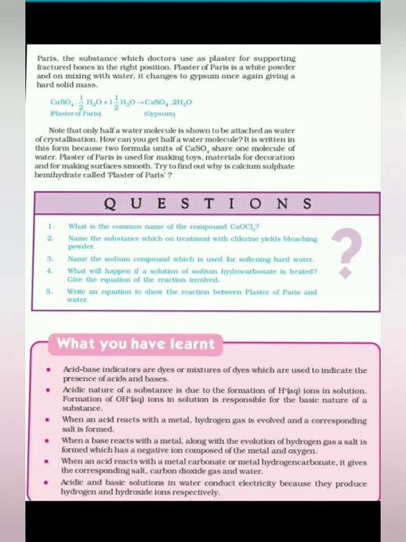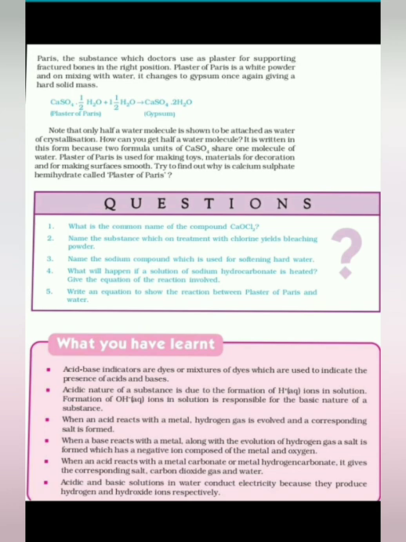Now we'll see uses of this plaster of Paris. In construction and in plastering the walls, this is used. In orthopedics, it is used for setting fractured bones. It is used in making casts in dentistry, in making idols, and in making chalks for writing on the blackboard. In the laboratory, it is applied as plaster for making apparatus airtight.